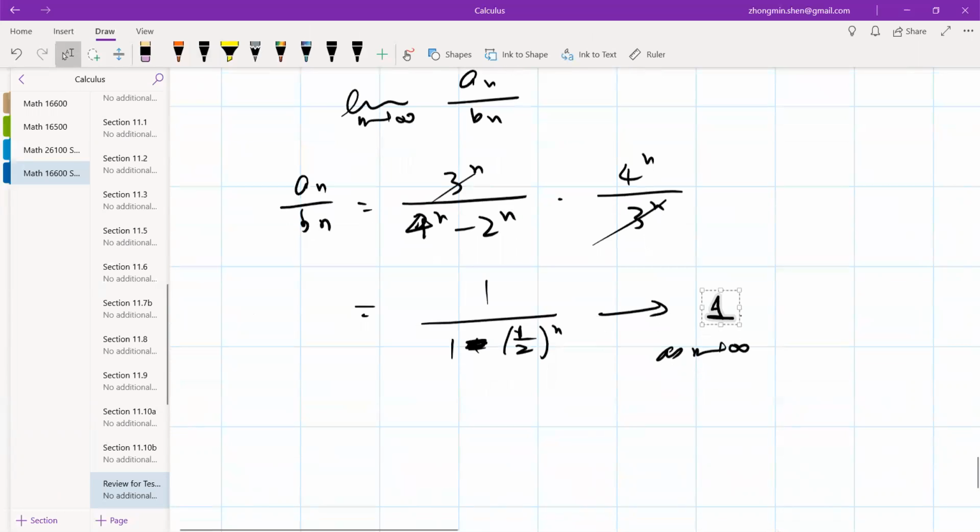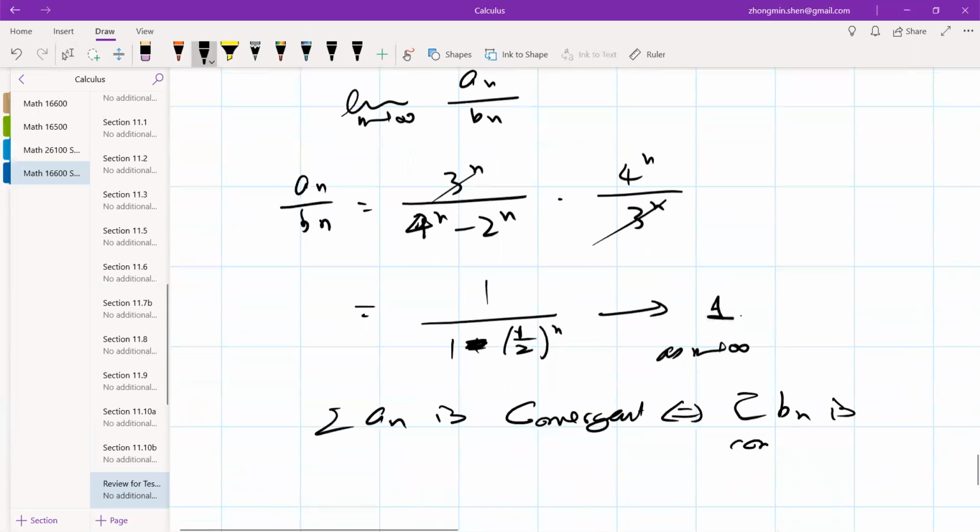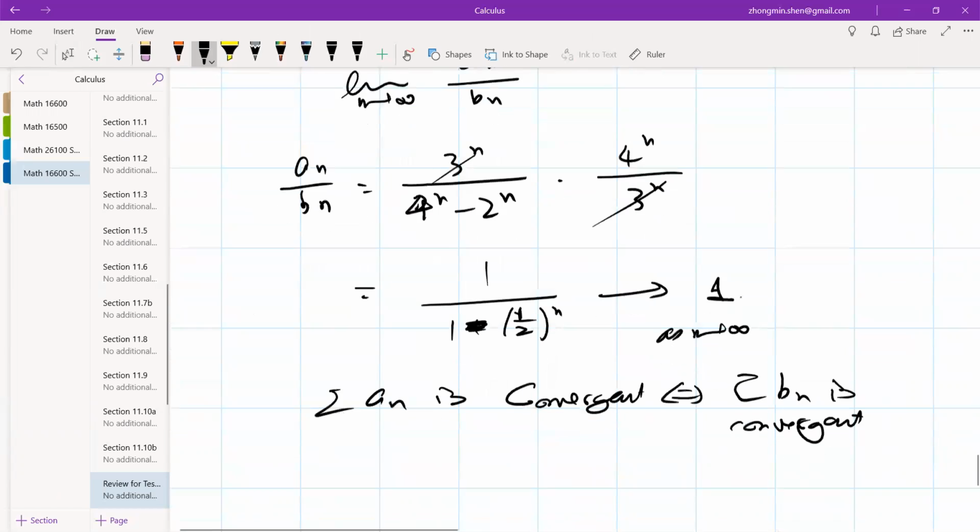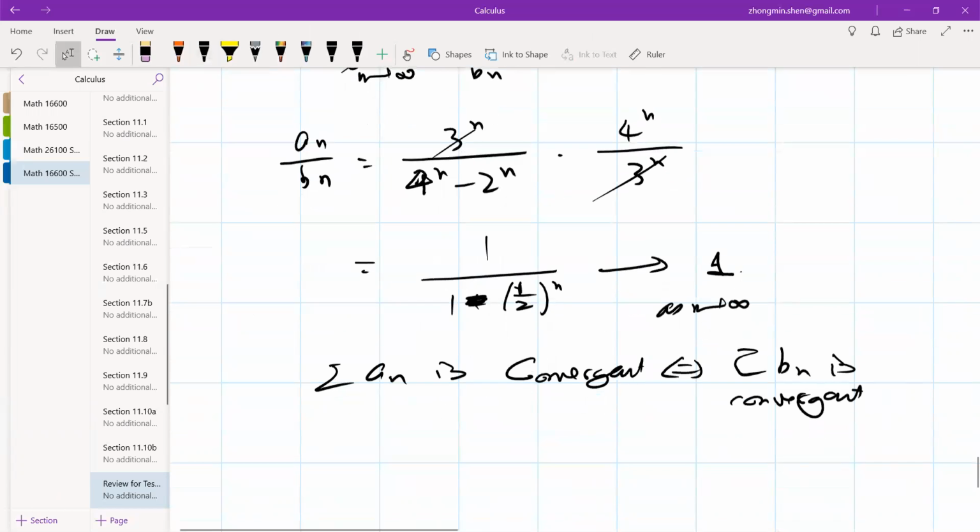So sigma a_n is convergent if and only if sigma b_n is convergent. And this convergence is guaranteed by the geometric series. Then that implies sigma a_n is convergent.